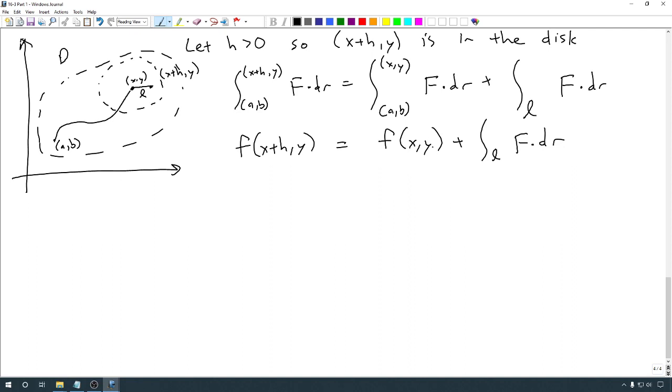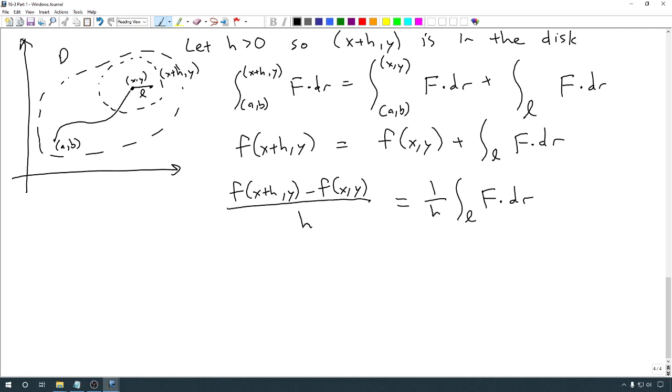I'm going to go ahead and rearrange this. I'm going to move the f of xy over to the other side. So that equals the integral that we have. But then I'm also going to go ahead and divide everything by h.